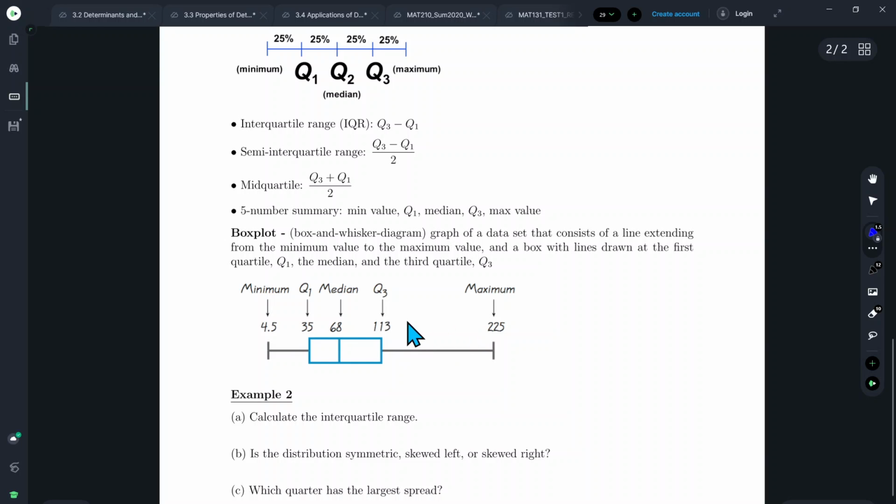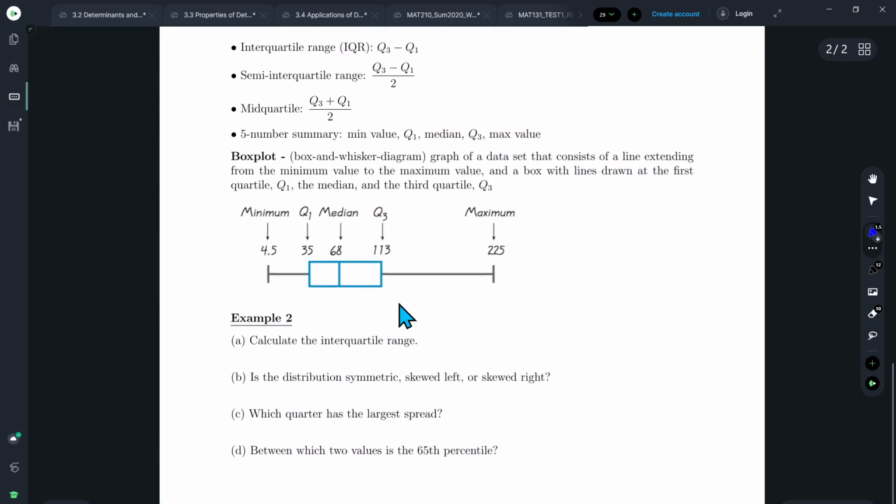So if the value is farther away, there's a larger distance, but you just list the 5-number summary and then draw in the different parts of the box plot according to where the values occur, right? So this left tail here is where the minimum is, the right tail here is where the maximum is, and then Q1, median, and Q3 form the box in the middle of the box plot.